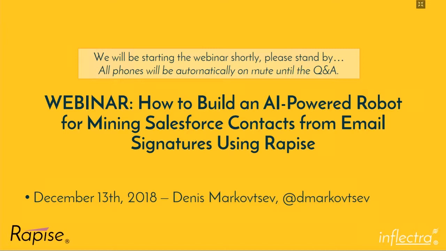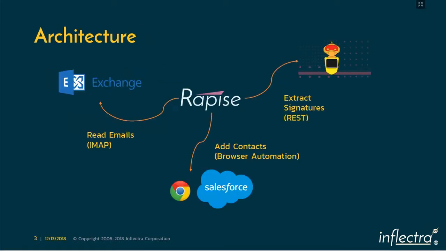And what does AI powered mean? So this is actually a teaser of this talk, and AI powered actually means that we'll be using a third-party AI service that performs intelligent extraction of email signatures from any text, and we'll be calling this service using REST API.